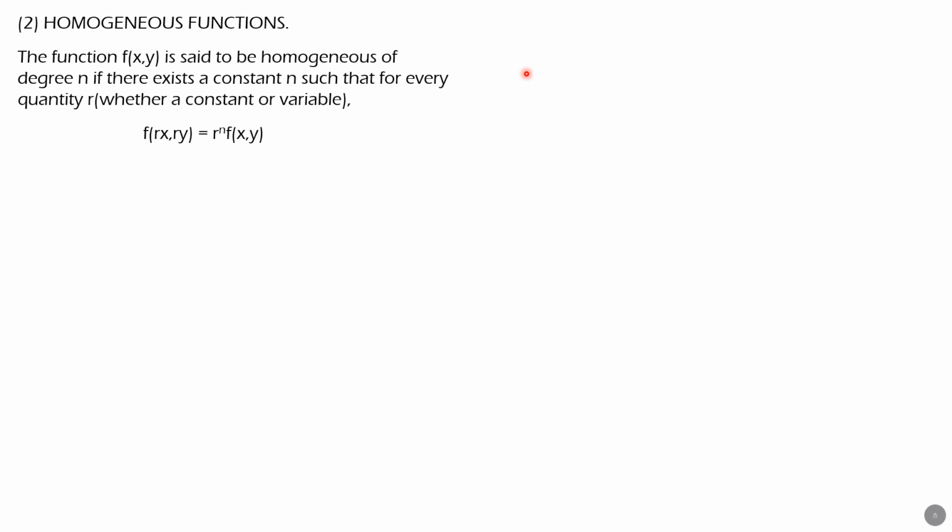So for homogeneous differential equations, M of x comma y dx plus N of x comma y dy equals 0. This is the guide.